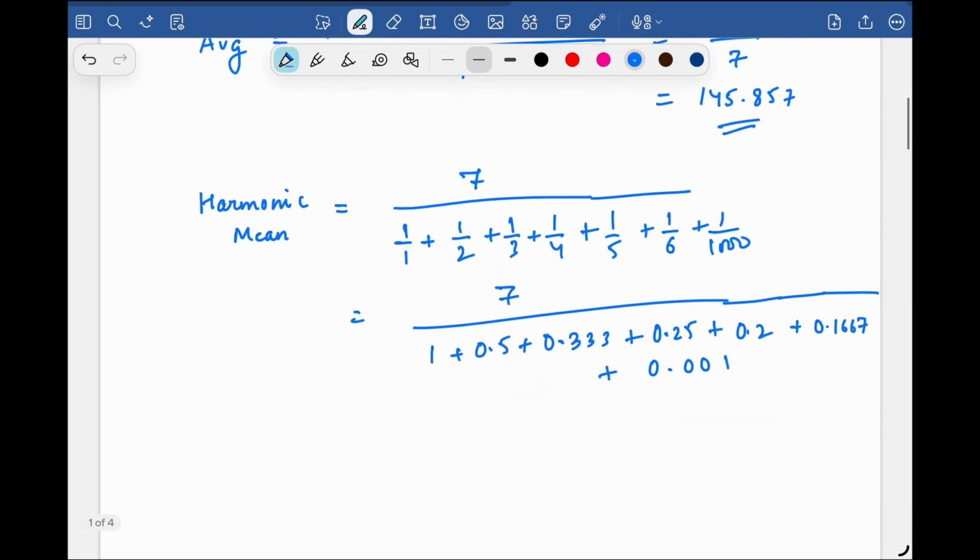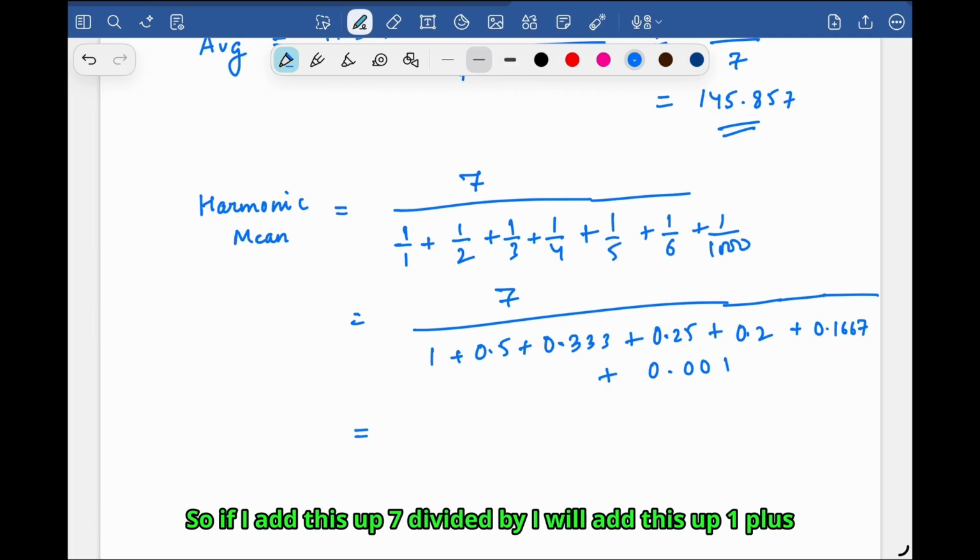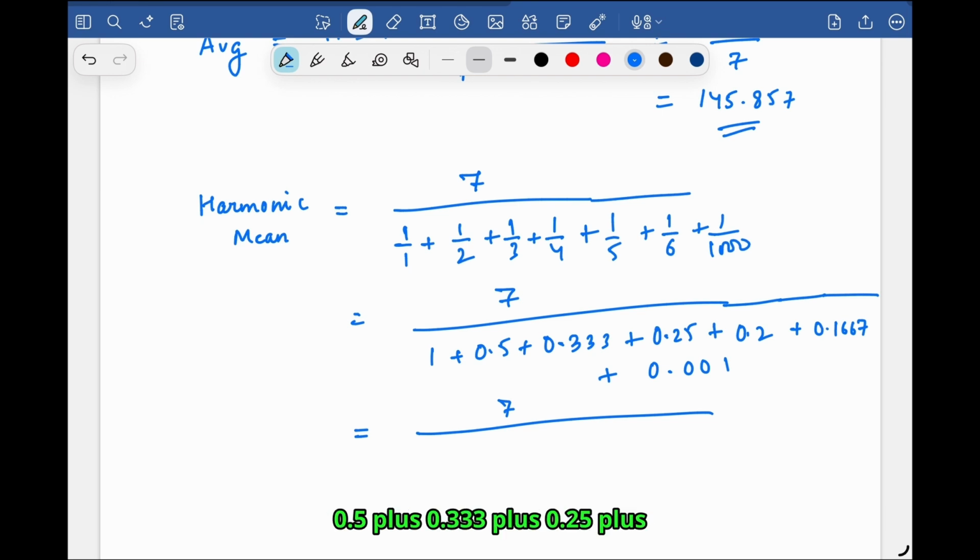If I add this up, 7 divided by 1 plus 1 plus 0.5 plus 0.333 plus 0.25 plus 0.2 plus 0.1667 plus 0.001.